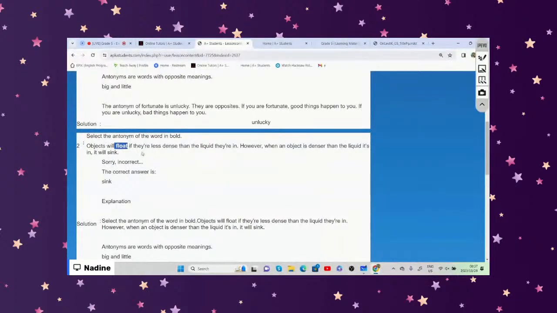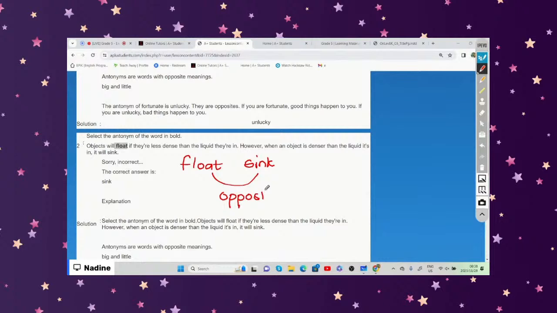So which means that if something does not float, then it sinks, right? If something doesn't float, it sinks. So the opposite of float is to sink.